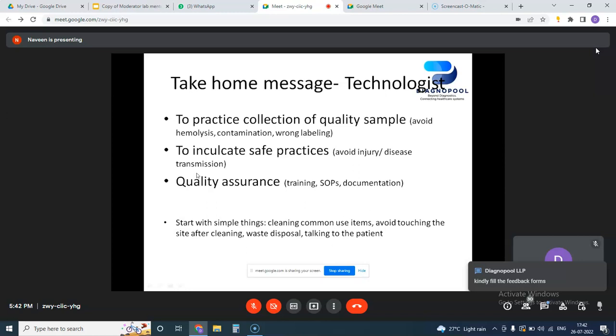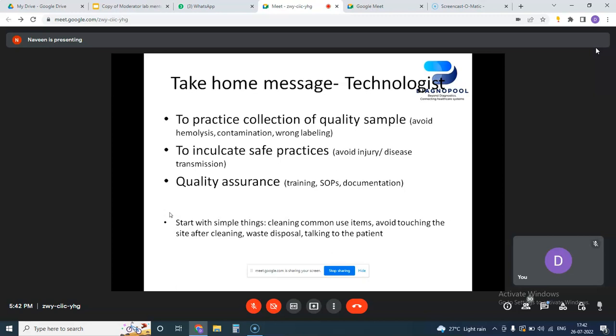So what you can start doing is start with the simple things. I don't think most of the phlebotomists will be cleaning commonly used items like the tourniquet. Most of us see the tourniquet lying around in the phlebotomy rooms. So you can start with cleaning them regularly.